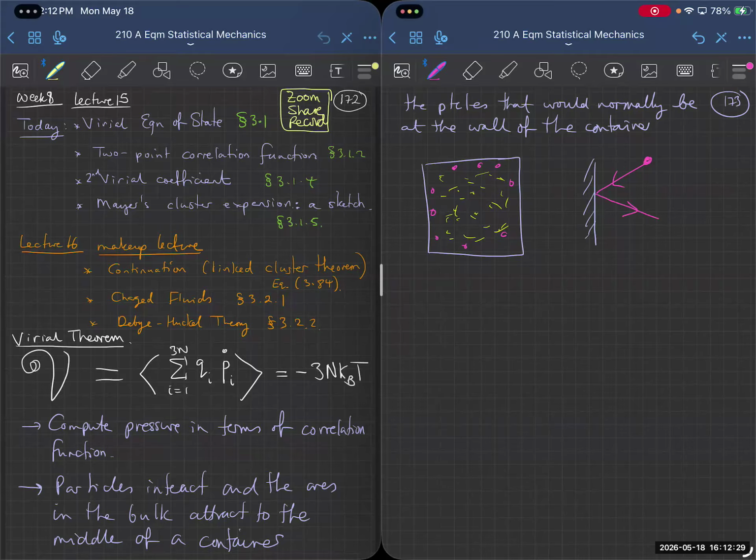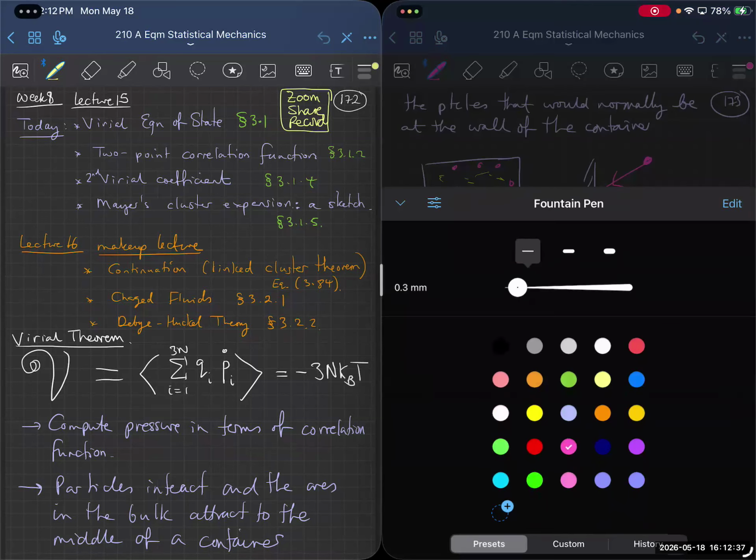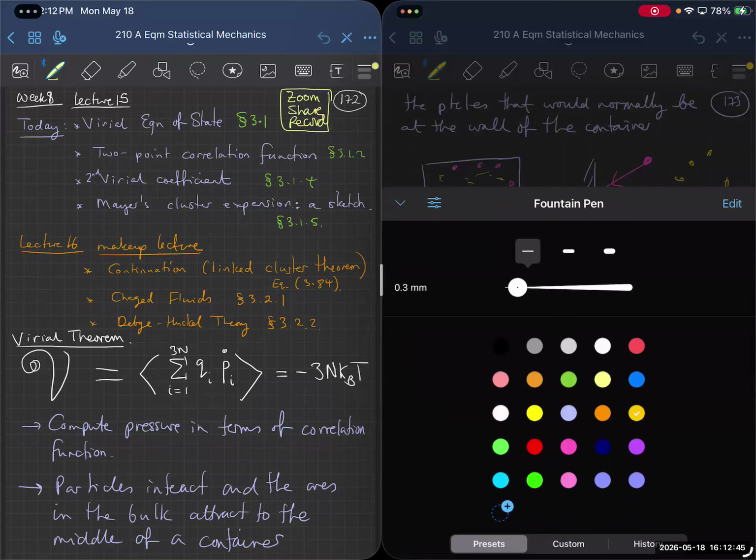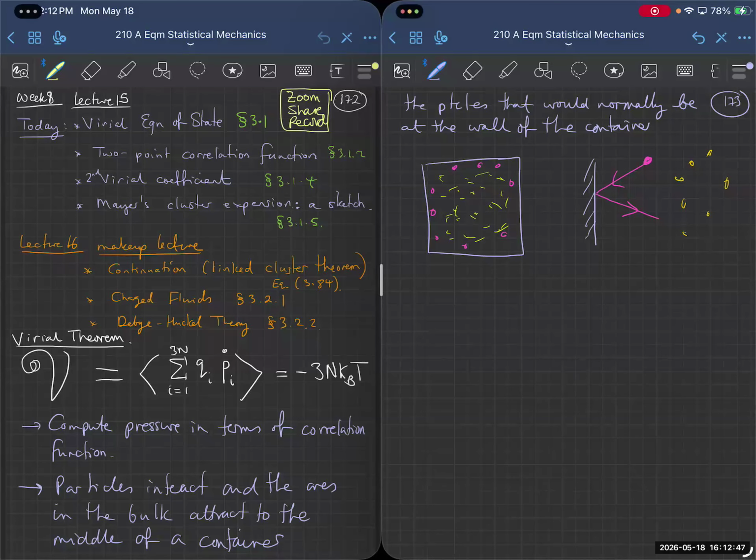This is the type of interaction that causes the force on the wall of the container and therefore affects the pressure. Now the yellow ones inside the bulk are pulling this particle backwards, so we can think of it as experiencing a force in this direction. And because it's experiencing a force in this direction, the pressure is reduced.